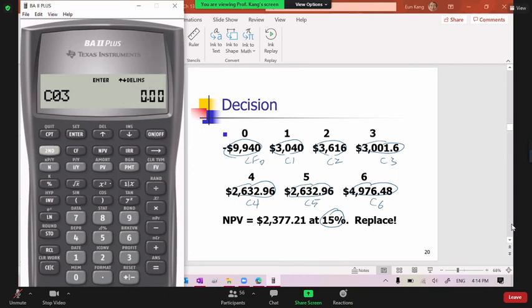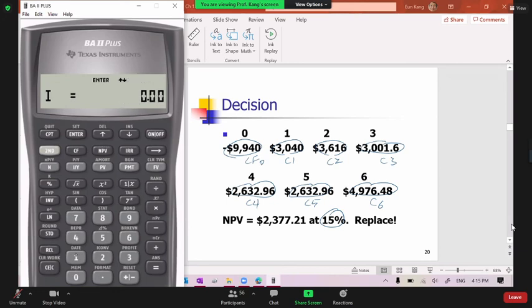And C3, 3001.6, enter. 2632.96, enter. 2632.96, enter. 4976.48, enter.